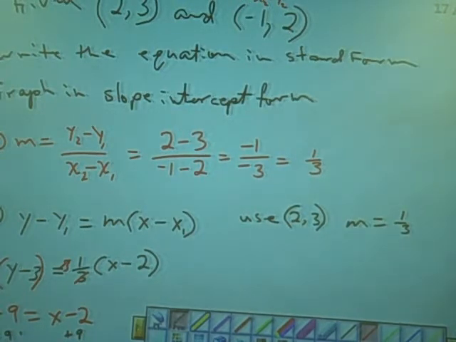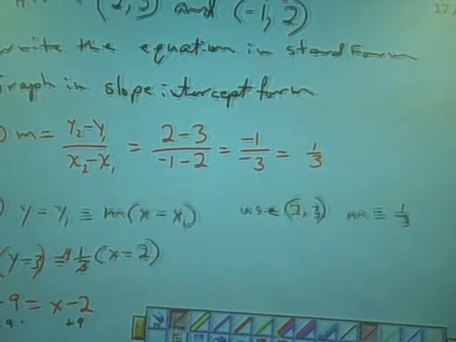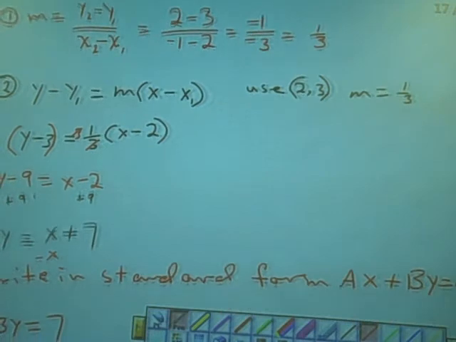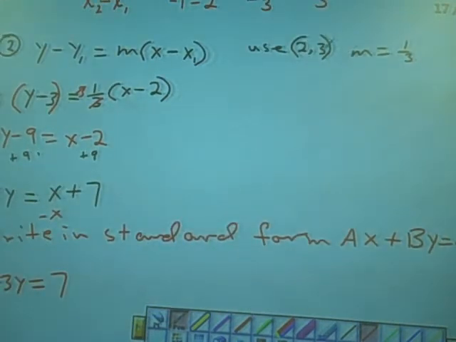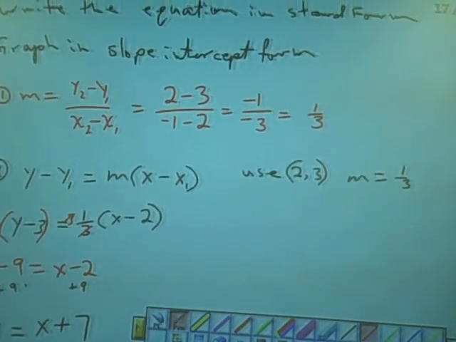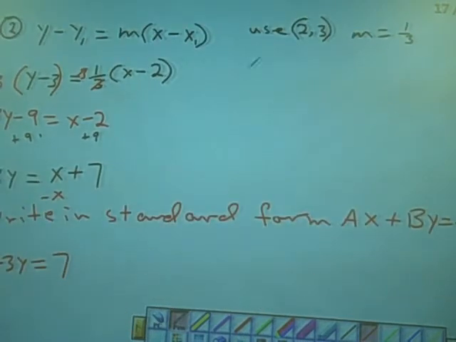So at least one person used the other point. I used 2, 3. And so whether you use 2, 3 or -1, 2, doesn't matter. Okay, both points work. But slope's 1/3. That's the only thing that has to be the same.